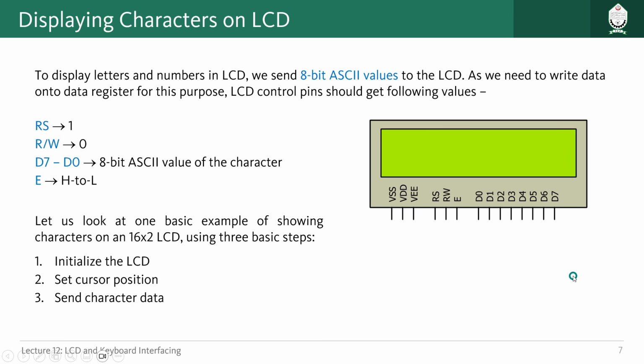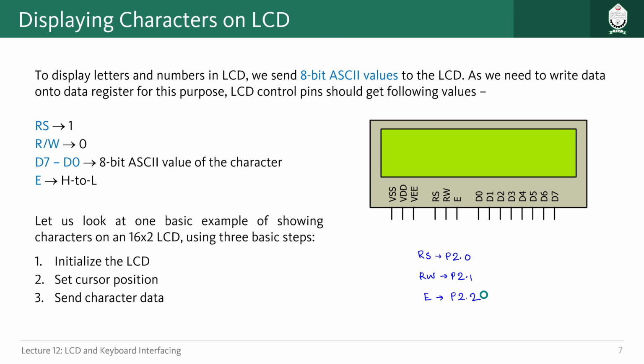Okay, so before we begin, let us look at the connections we are going to give from the LCD to the microcontroller. So RS will be connected with pin 2.0, RW pin will be connected with pin 2.1, and E pin, the enable pin, will be connected with pin 2.2.